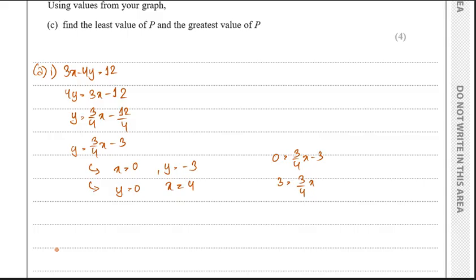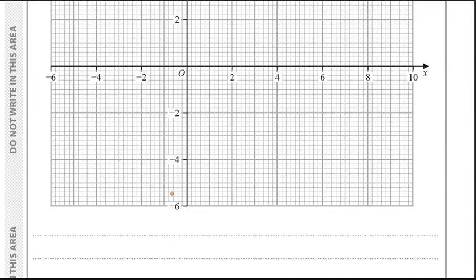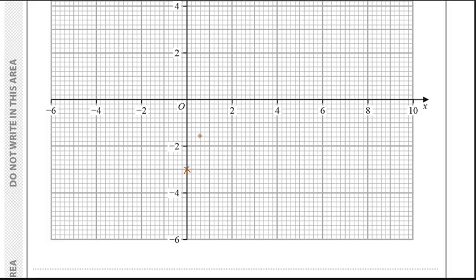And let's draw this line now. So we have coordinates of 0 comma minus 3 and 4 comma 0. So 0 comma minus 3 would look somewhere like this. 0 comma minus 3 and 4 comma 0. So 4 is here, and y is 0 at this point.